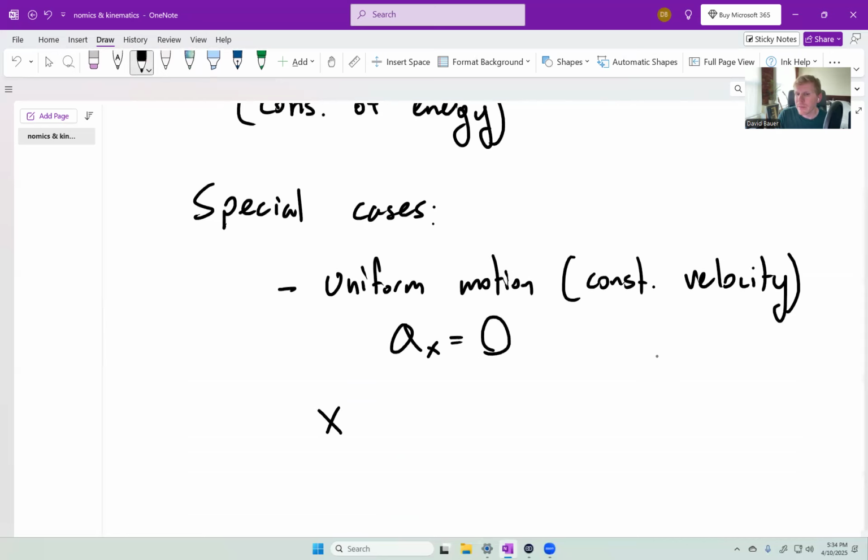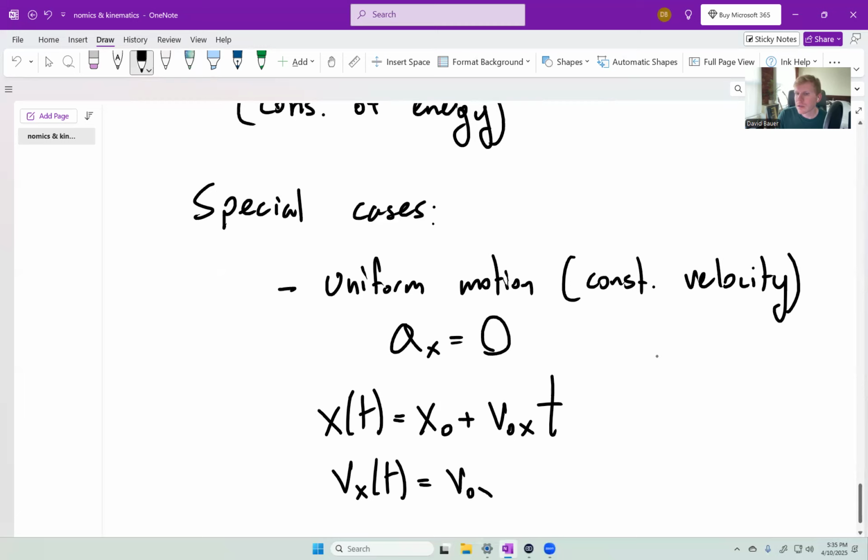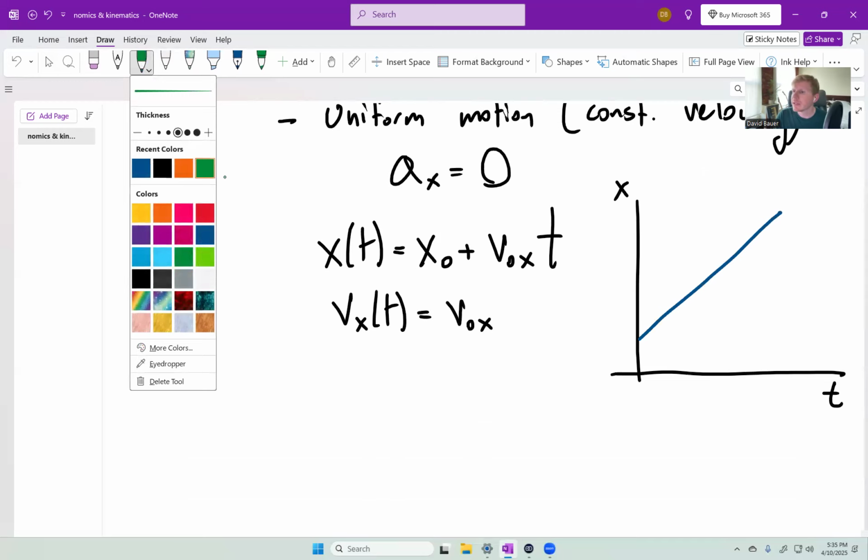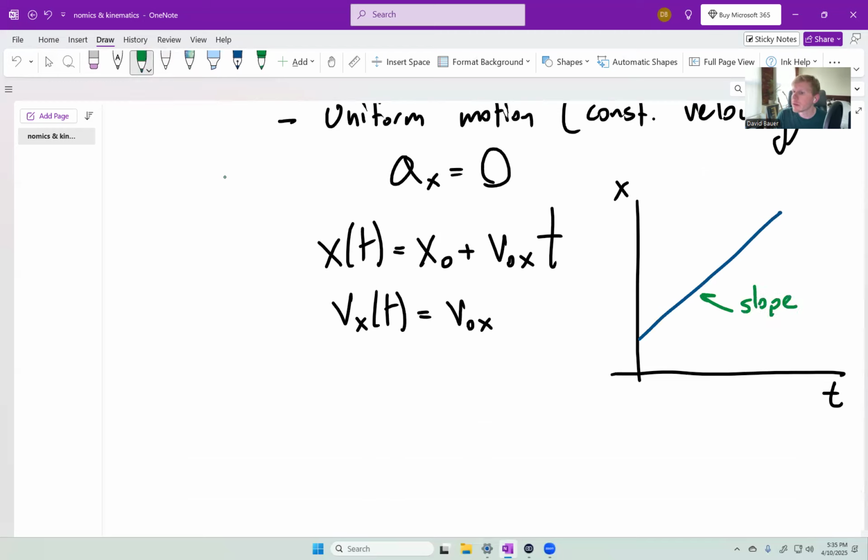So I would have my x of t is x naught plus v naught x times t, and my v x, well, that's just constant, right? In this case, my position versus time graph is just a straight line. Okay, something like this. And the slope here is whatever our velocity is, right? Our constant velocity.